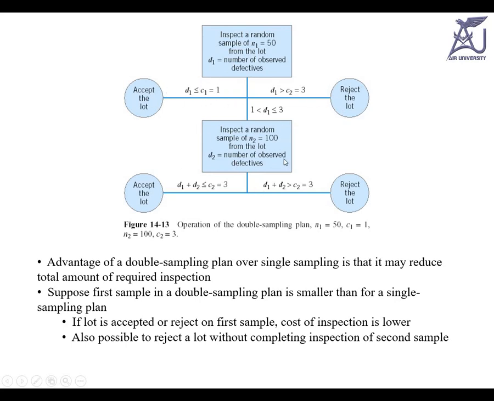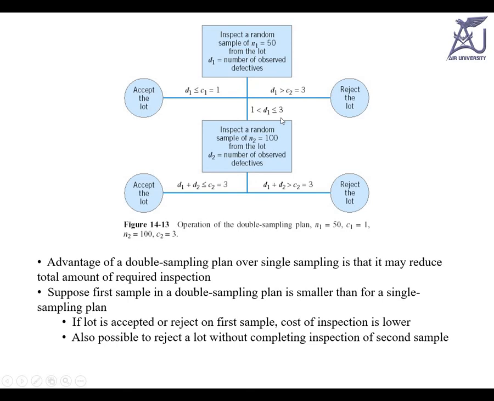No need to go for the second sample. Here you have decided on the first sample, because the observed number of defectives was so big that it was greater than the C2 cutoff point. If the number of defectives goes beyond C2, you will reject the lot.